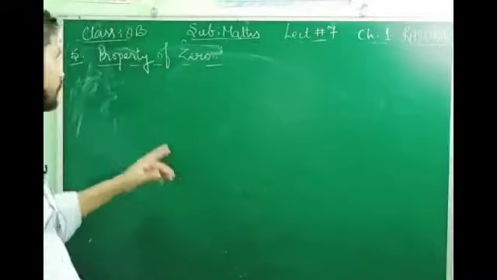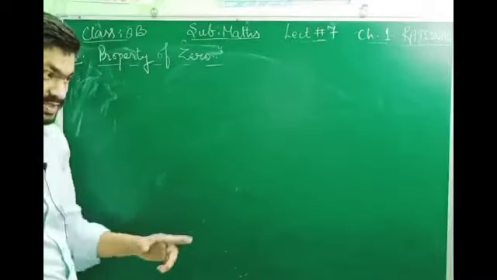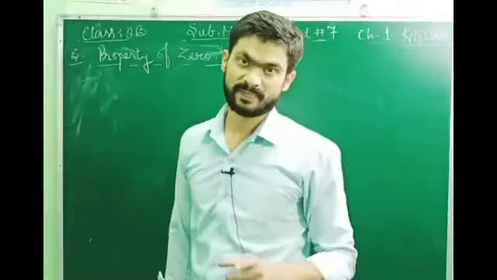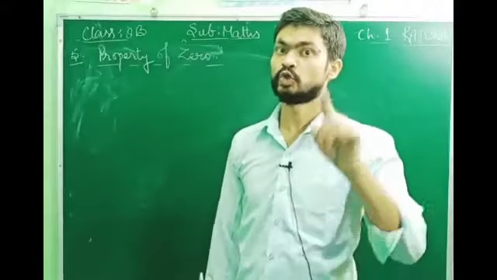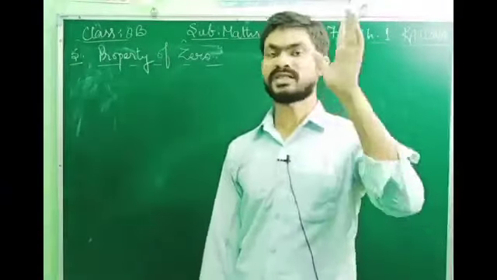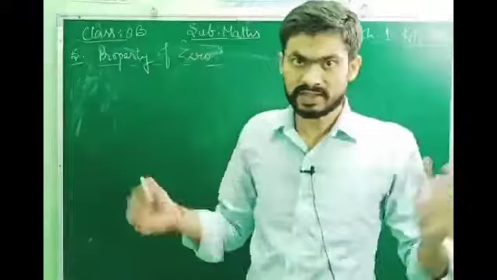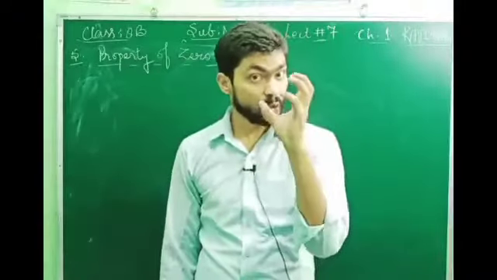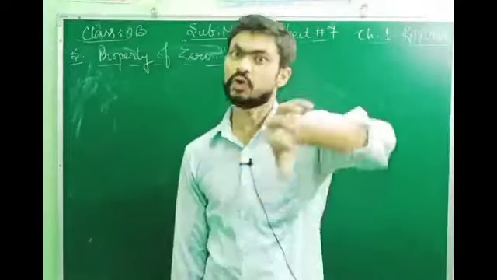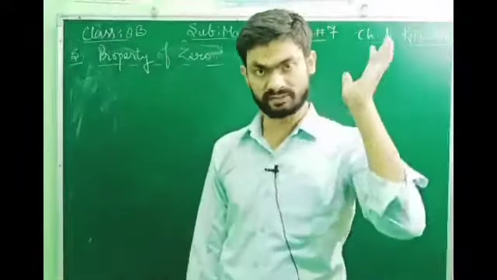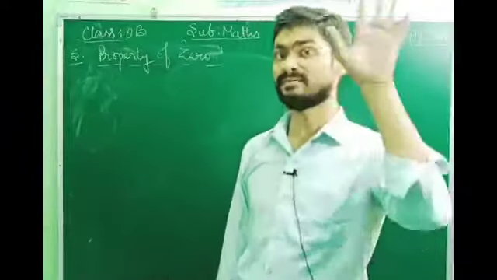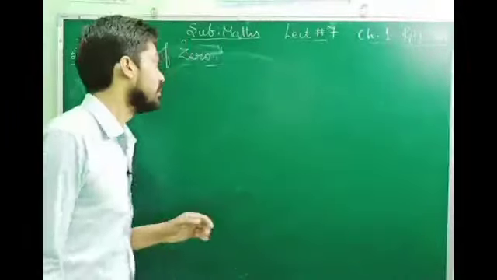So my dear children, you know that zero is the only number which, when added to any number, results in the same number. Zero is the only number which when added to any number results in the same number with which it is added.